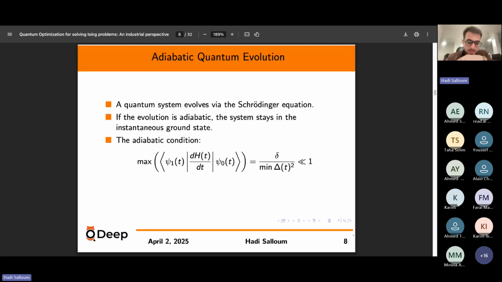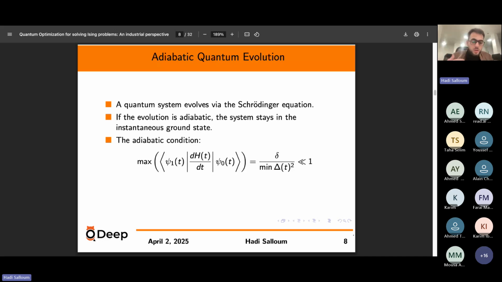So this maximization that you see here means the speed of this quantum evolution. And here's this gamma. It means the gap between two energy states. So what does it mean?